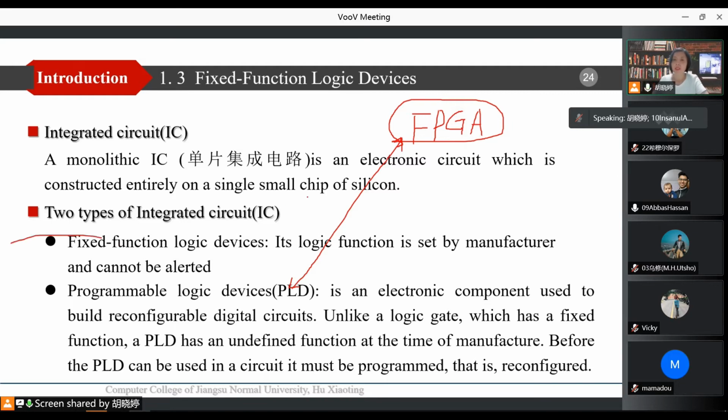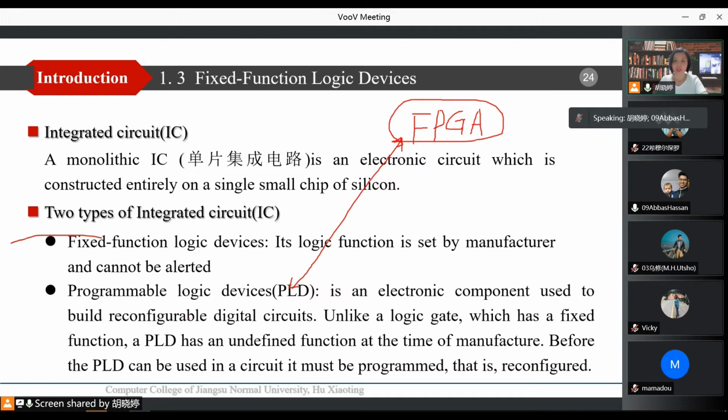Okay. After studying this class, you can learn FPGA deeply. But before you learn FPGA, first you need to understand this course. Because this course is hardware related, and in order to work with chips, you need to learn these concepts.